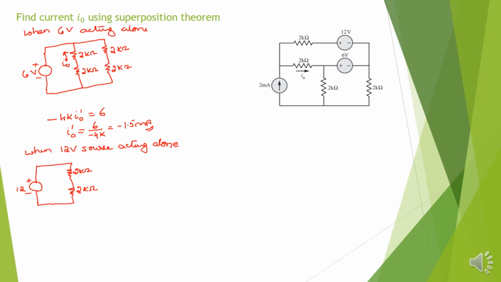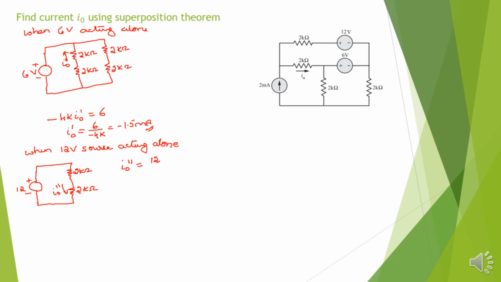So when the 12 volt source is connected, only this is the network. Now, what is the current direction? It is this current direction only. This is I naught double dash. I am tracing from positive, current flows, and this is the same. So from positive to negative. So now I naught double dash is equal to 12.